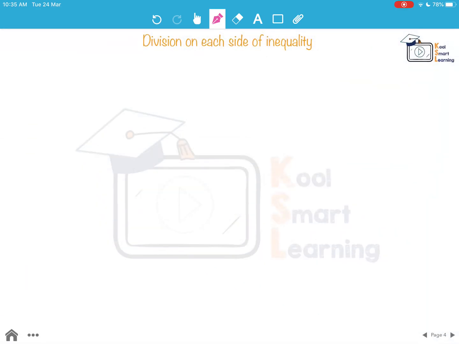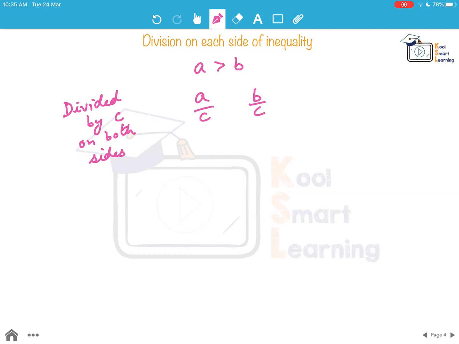Now if we come to division on each side of the inequality, division also behaves the same way as multiplication. We know that from our previous classes, division behaves similar to multiplication. So supposing A is greater than B. Now it is divided by C on both sides of the inequality. So we get A by C on the left hand side and B by C on the right hand side.